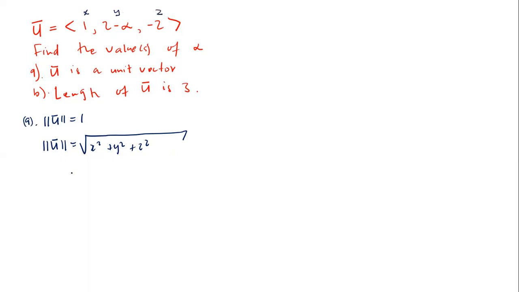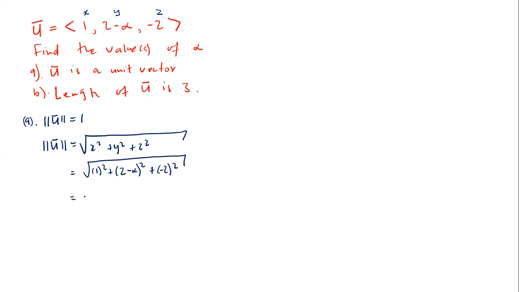So let me substitute these numbers into the equation. Our value of x is 1 to the power of 2, our value of y is (2 - alpha) squared, and the value of z is (-2) to the power of 2.